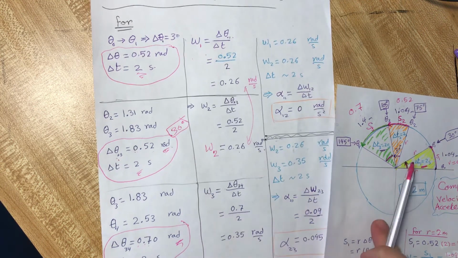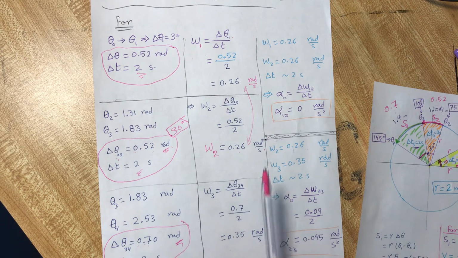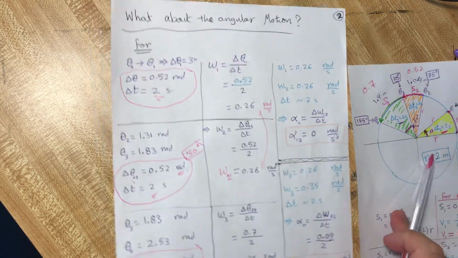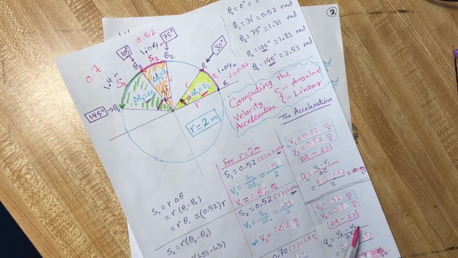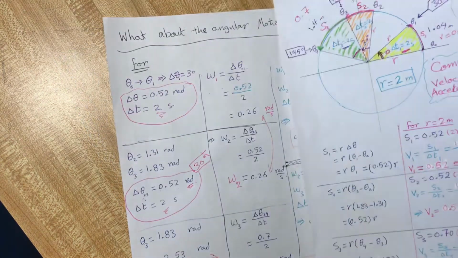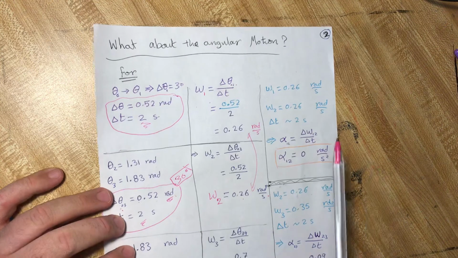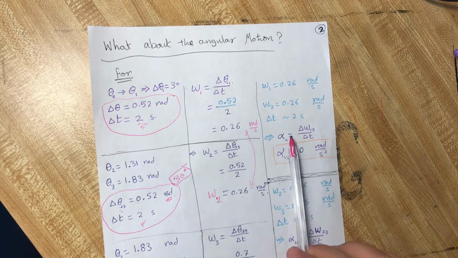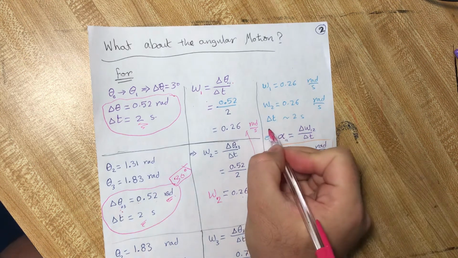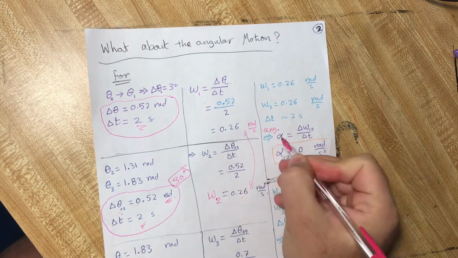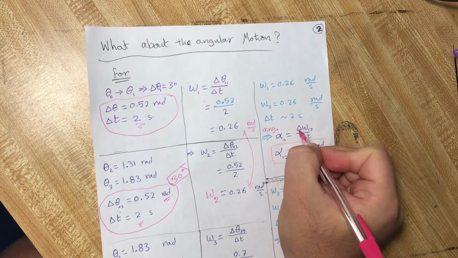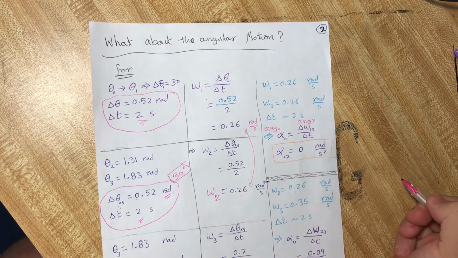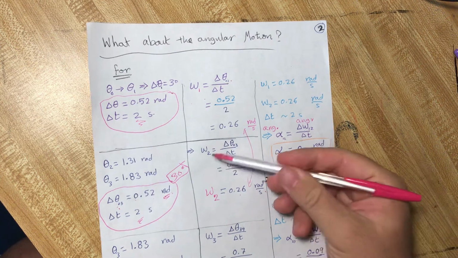Let us now compute the angular acceleration, not the linear acceleration as we did in the previous sheet. As we saw before, the acceleration is the change in velocity, but here the angular acceleration is equal to the change in angular velocity, which is omega 2 minus omega 1.